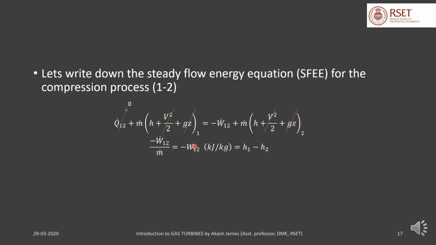We will get it as kilojoules per kilogram. The rate of work done is in kilojoules per second, and the rate of mass flow is in kilograms per second. So what we get is not a rate term; it is in kilojoules per kilogram, or the work done per unit mass. We get it as H1 minus H2. If you multiply by negative 1, we will get W12 as H2 minus H1.